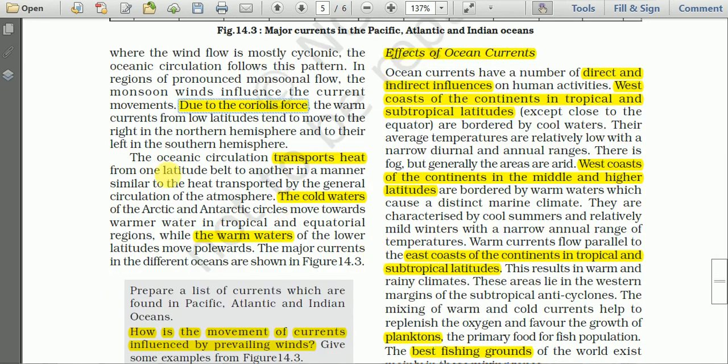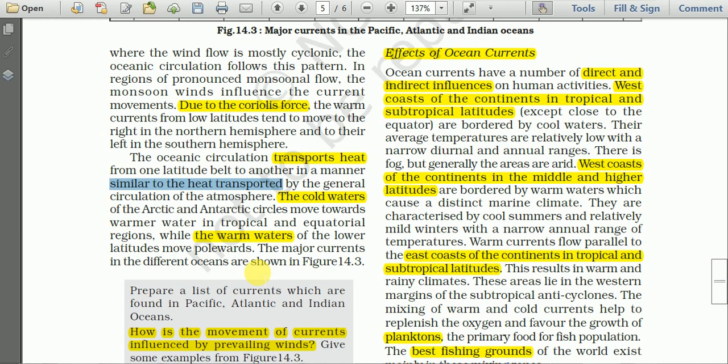Here, the oceanic circulation transports heat from one latitude belt to another in a manner similar to heat transported by the general circulation of the atmosphere. That means these planetary winds also transport heat from one place to another, from the hot areas to the cold areas.